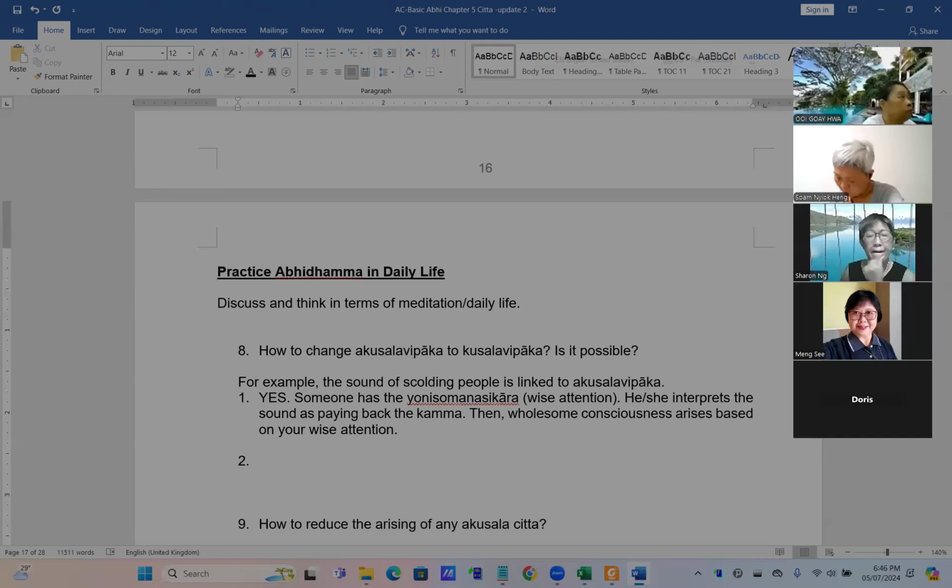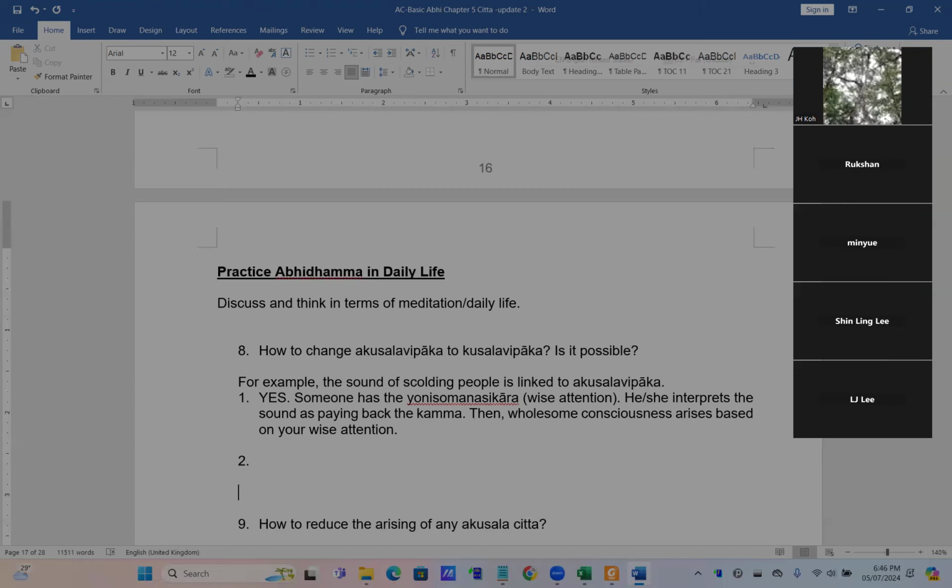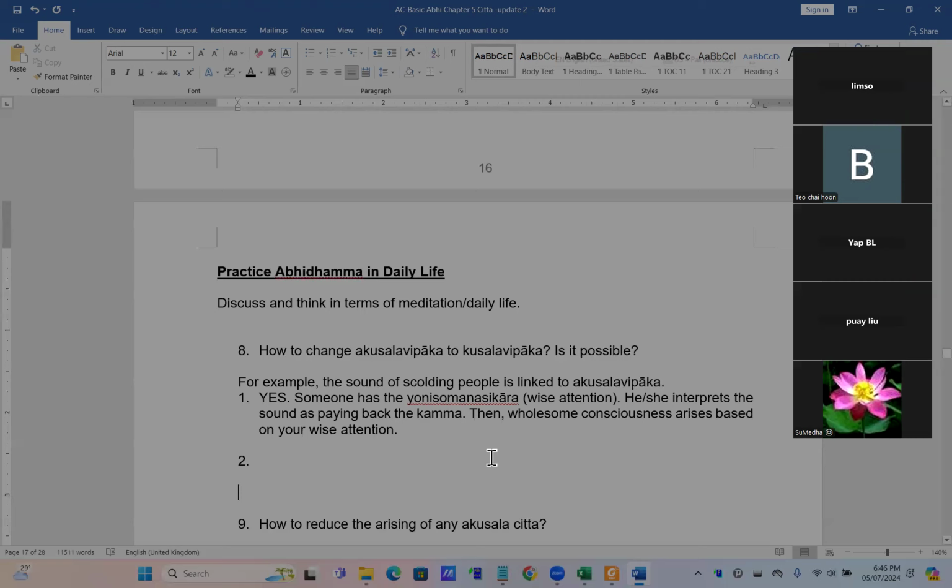Brother Ko, what do you think? It cannot be, because these are vipaka. These are the results of past karma. So there's no way we can change it.